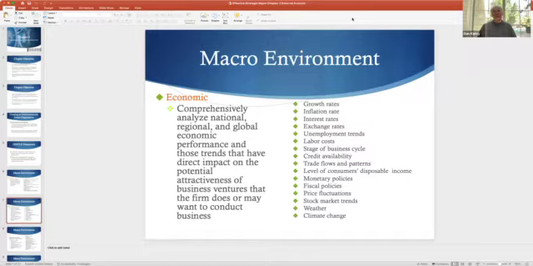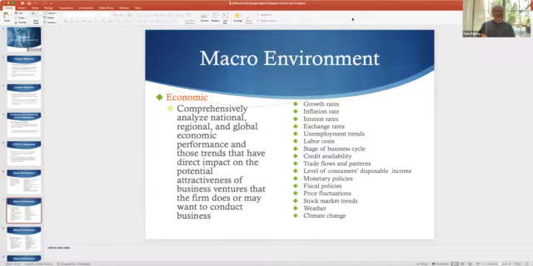Labor costs. Well, we know that labor costs are going up just simply because there's a lack of employment out there for companies. What stage of the business cycle are we in? Are we in the introductory stage? Are we in that early growth stage? Are we in the growth stage that is starting to see some saturation?